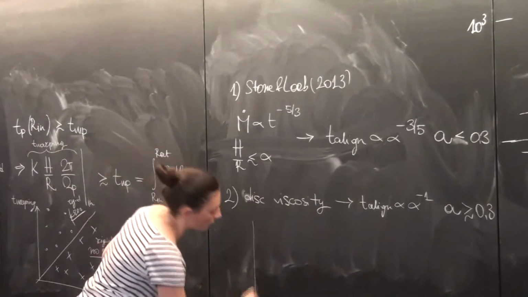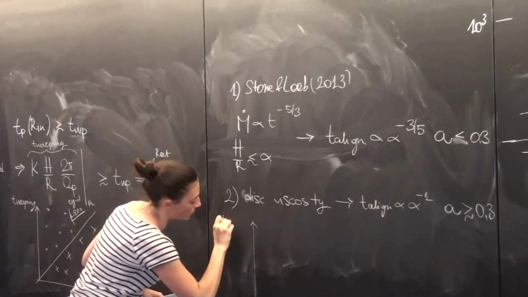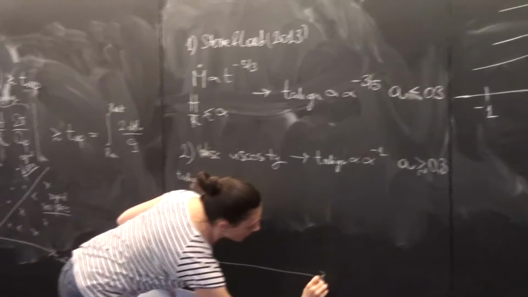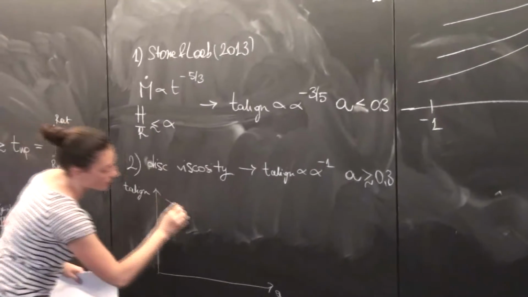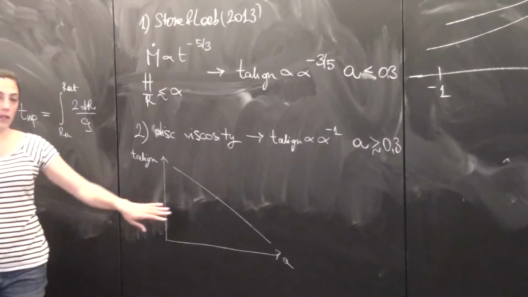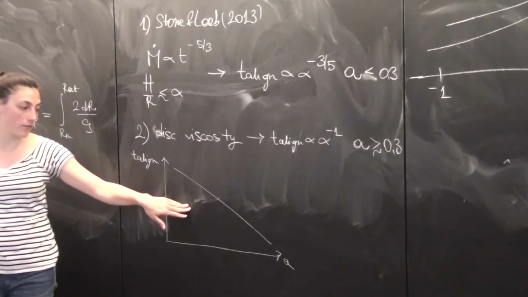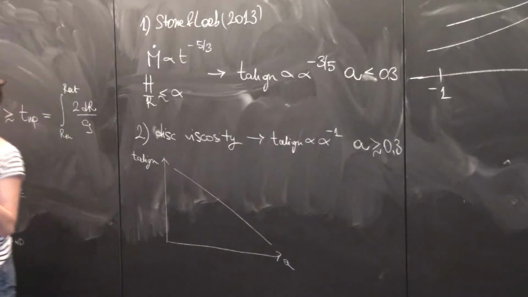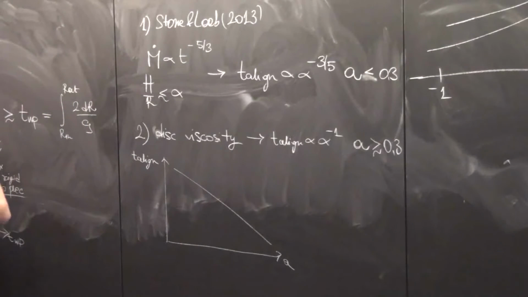In general, the other thing that we found is that the alignment time scale decreases with the black hole spin. This is somehow expected because the higher the spin, the closer the ISCO is to the black hole, so the stronger is the torque, and so the alignment will be faster. So this makes sense.